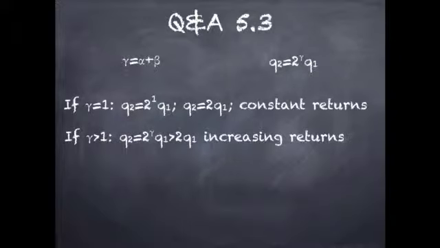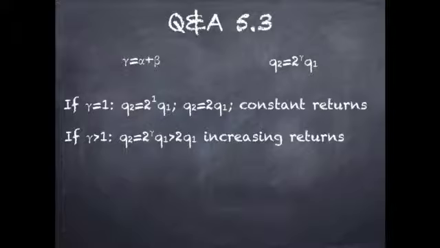If we assume that alpha plus beta is greater than 1, that is, gamma is greater than 1, we have Q2 equals 2 to the gamma multiplied by Q1. That part, 2 to the gamma power multiplied by Q1, will be greater than 2 times Q1.